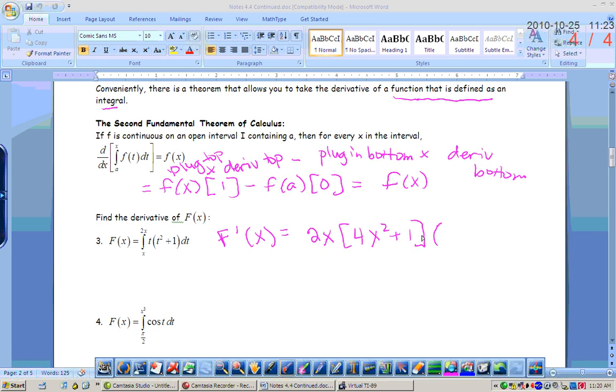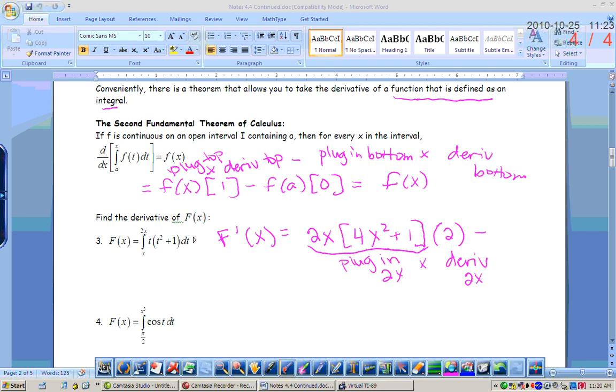Now I have to take the derivative of that top limit of integration, which is 2. So this part right here is just plug in 2x. And then this is the derivative of the 2x. The 4x came from, if I'm plugging in a 2x, then I have to square the whole quantity 2x.